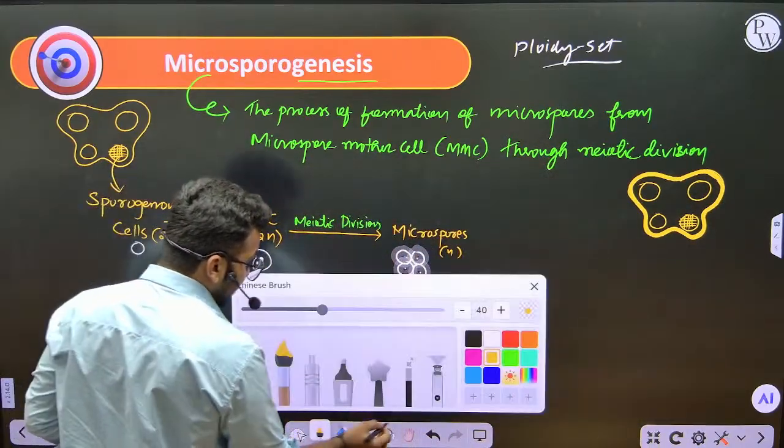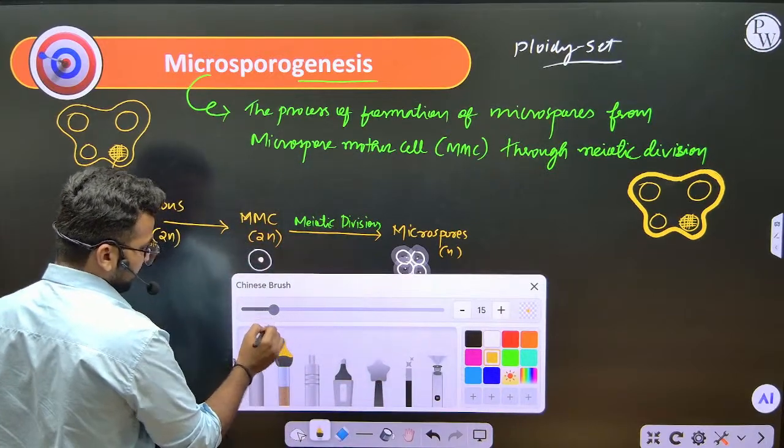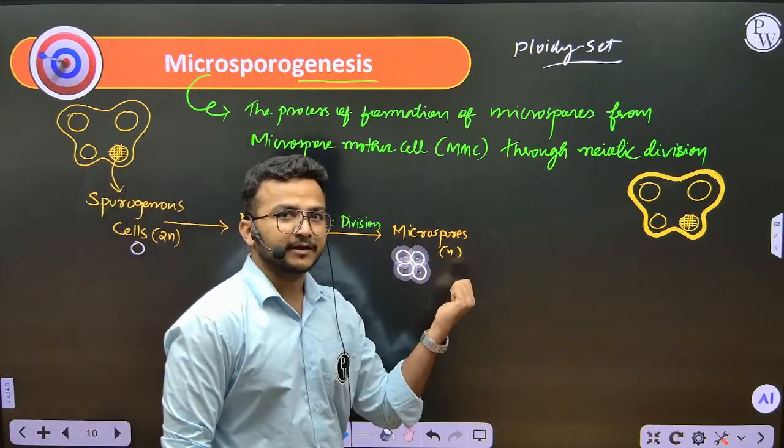So still the pollen grains are not ready, means it is the earlier stage of pollen grains.